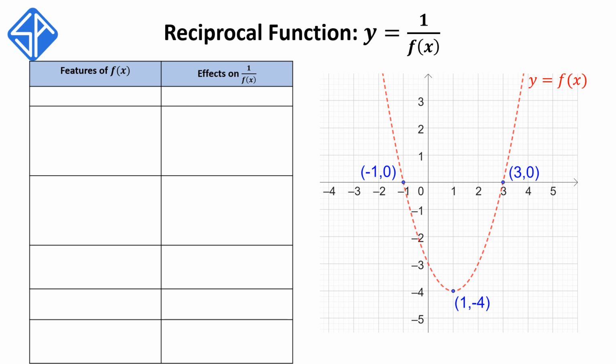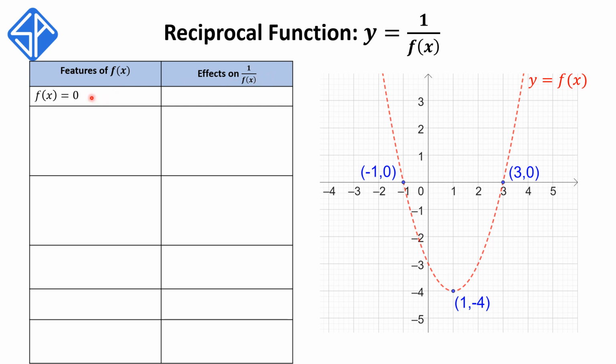So let's begin. The first important feature we want to consider is when f of x is equal to 0. This is essentially the x-intercepts on your f of x graph, and in this diagram we have x-intercepts occurring at x is equal to -1 and at x is equal to 3. Now let's think about when f of x is equal to 0. Your 1 on f of x will be 1 divided by 0, and we can't have division by 0.